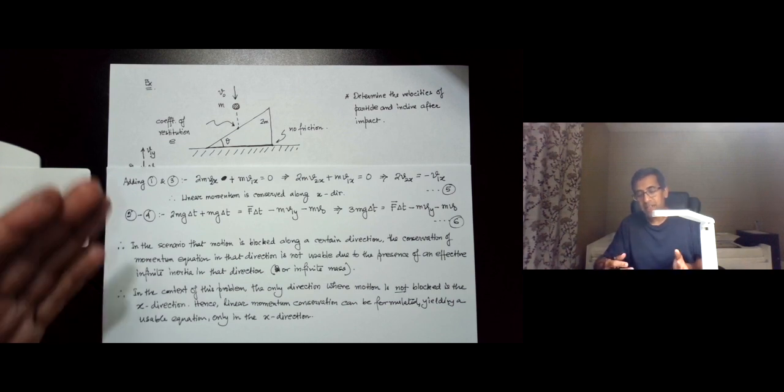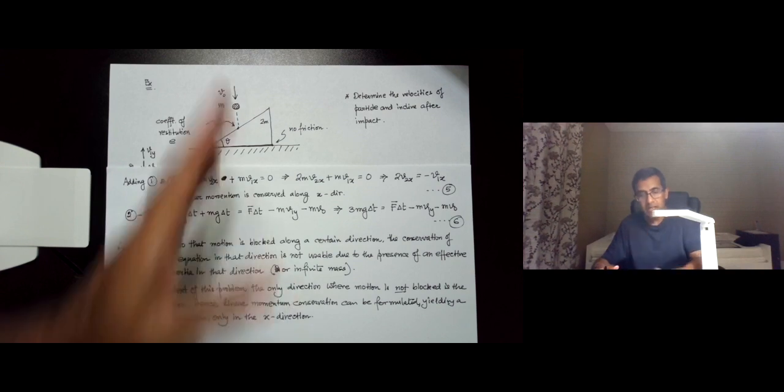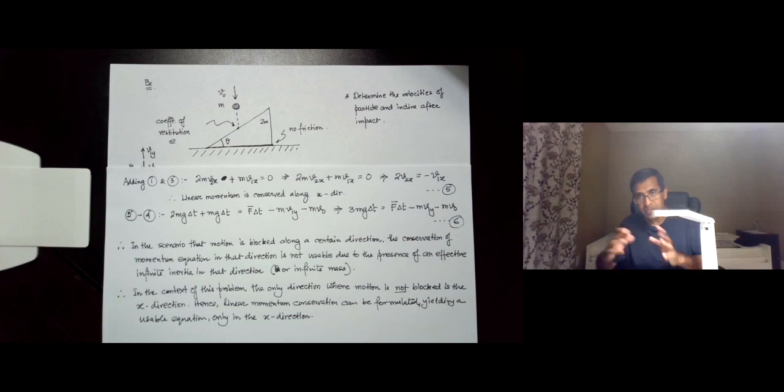So if I take any direction that has a component along the direction where motion is blocked, then that inclined direction will also not yield a usable linear momentum conservation equation.